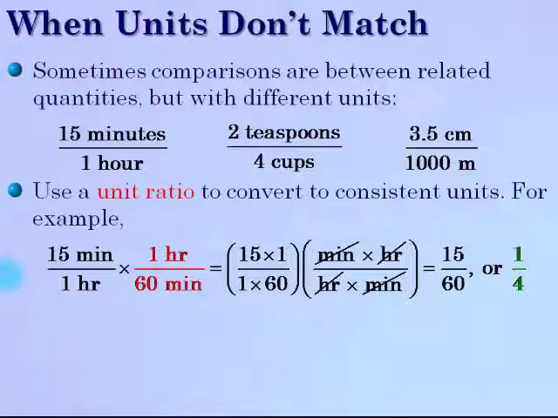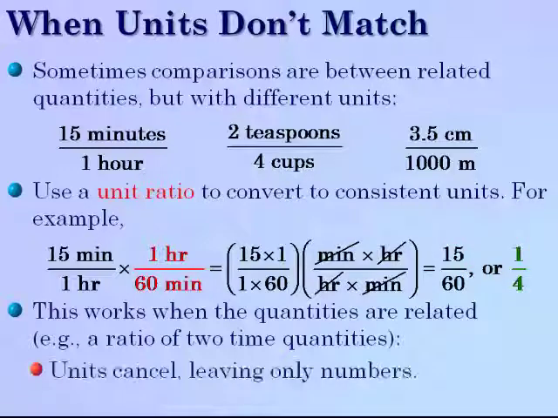For example, 15 minutes per hour, we could multiply by 1 hour over 60 minutes. This is a unit ratio that you've seen in a previous module. And you pull out the values, 15 times 1 and 1 times 60, and the units over here, and you notice that all the units will cancel, leaving you with a 15 to 60 ratio, which we can reduce to 1 to 4.